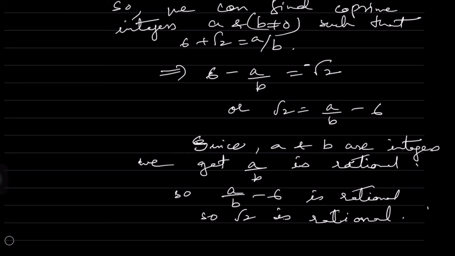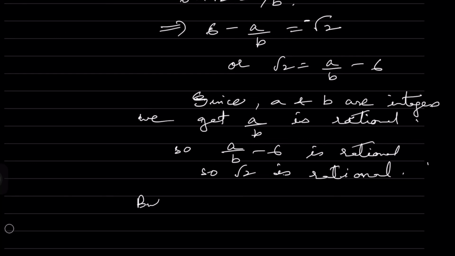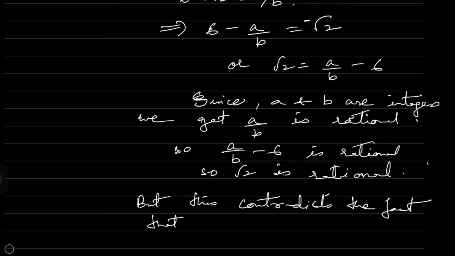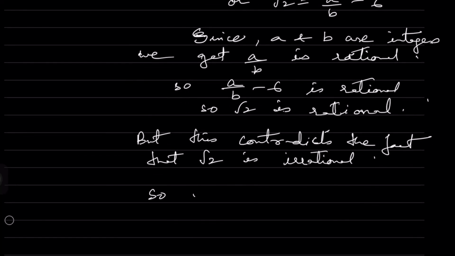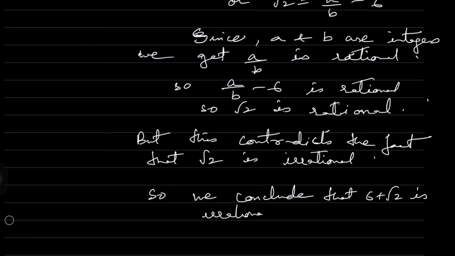But what is happening here is a contradiction to the fact that root 2 is irrational. So we conclude that 6 plus root 2 is irrational. So addition to an irrational number is irrational, multiplication to an irrational is irrational, division to an irrational is an irrational number.